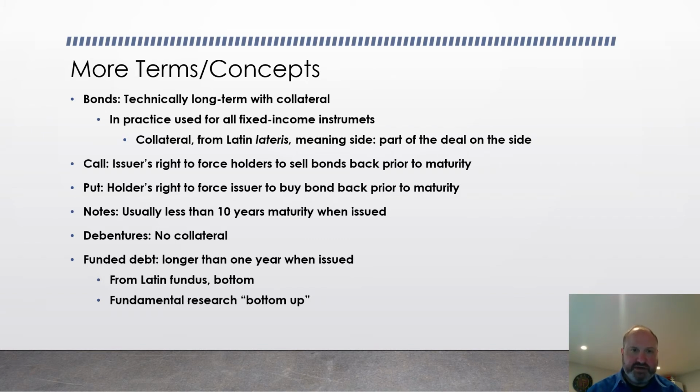Why would it want the right to pay back money early? Well, let's say that it borrowed money at 8% and then the company does really well and it becomes perceived as a lot less risky, and it now can borrow money at only 5%. It doesn't want to keep paying that 8% for another 15 years when it should only have to pay 5%. So it can force the investors to sell the bonds back, and then it can replace that with debt that pays a lot less.